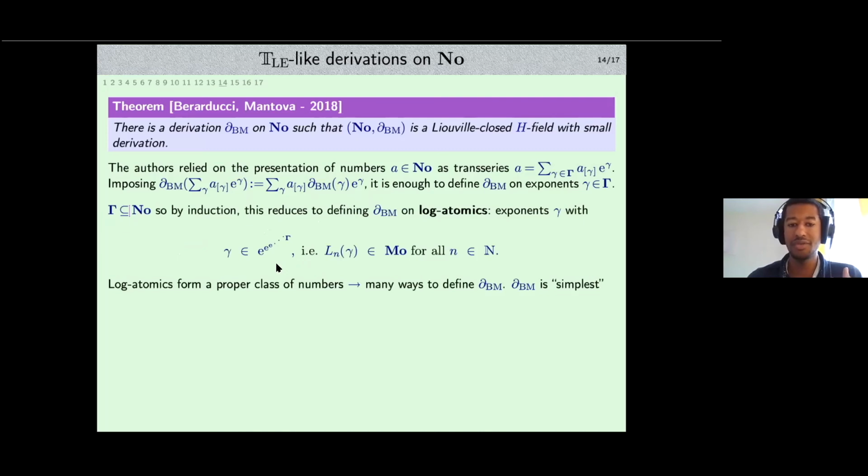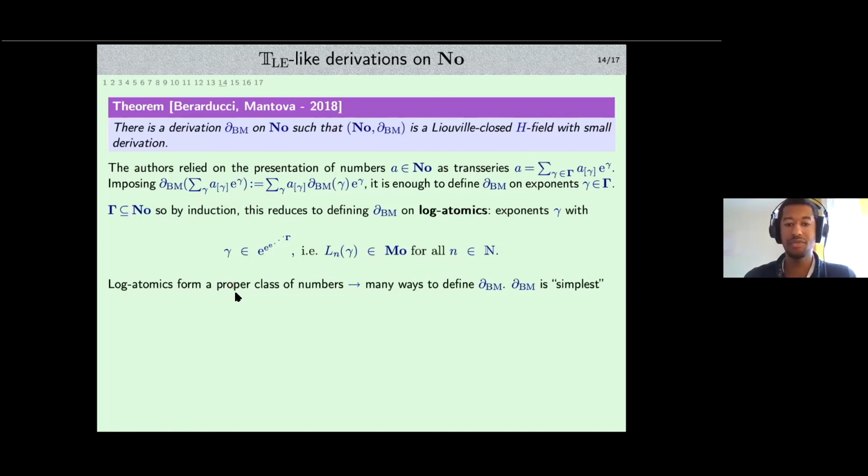So if you go up in the expansions, the only case where you don't know how to define the derivation is when gamma is written as exponential of a monomial, which is itself an exponential of a monomial, and so on. So this is a case of numbers whose logarithmic iterates are monomials.